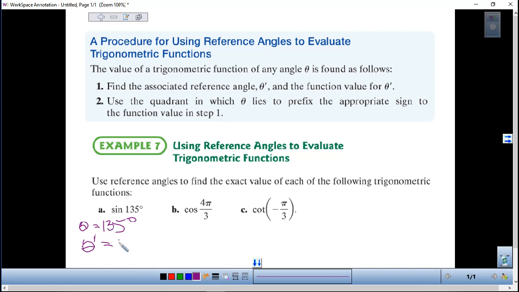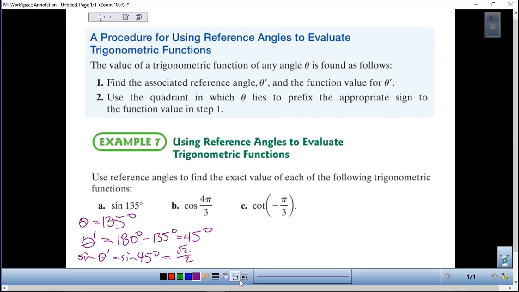So in quadrant 2, we're going to have 180 degrees minus our theta, which in this case is 135 degrees, which gives us 45 degrees. Now, we want to know what the sine of 45 is. Well, the sine of theta prime, in this case the sine of 45, equals square root of 2 over 2.